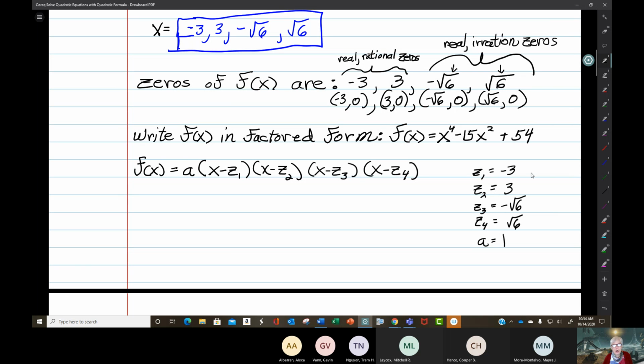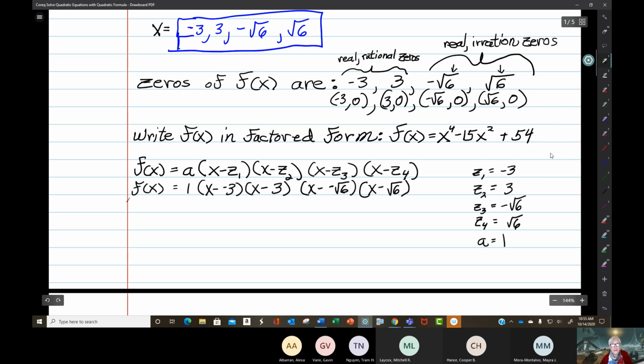And then we substitute all of that in the factor formula. F of x equals 1 times x minus -3 times x minus +3 times x minus negative the square root of 6 times x minus positive the square root of 6.